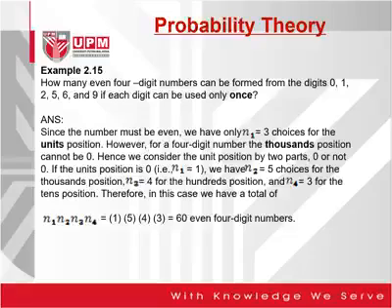For this case only 0 can be placed in the unit position, so there is only one choice. Altogether we have 5 other digits: 1, 2, 5, 6, 9. For the thousand position, we have 5 choices. For the hundred position, we have 4 choices. Then 3 choices. So the answer is 5 multiplied by 4 multiplied by 3, equal to 60.